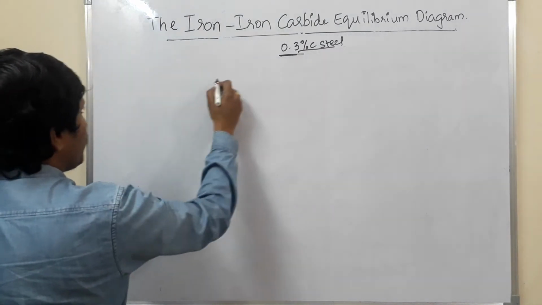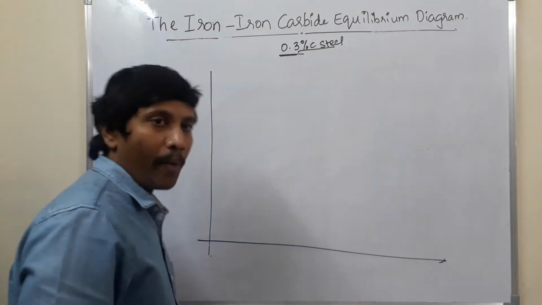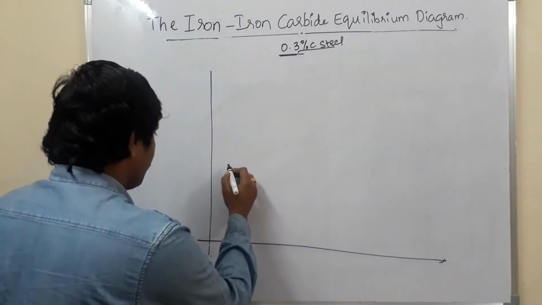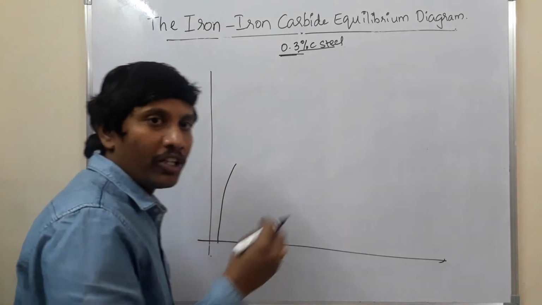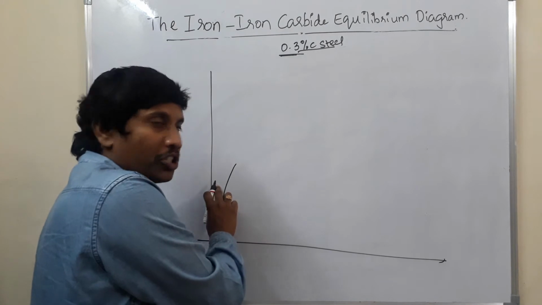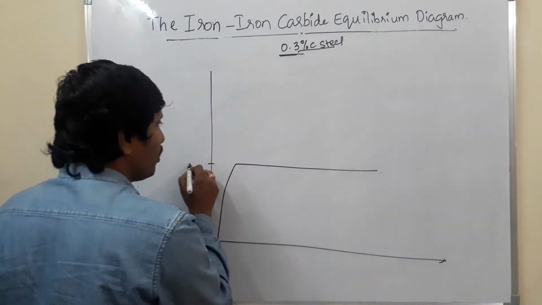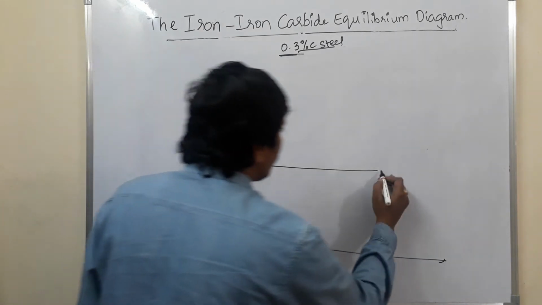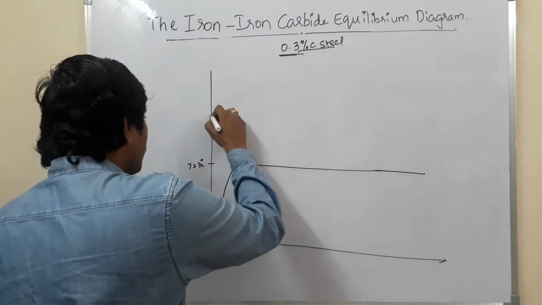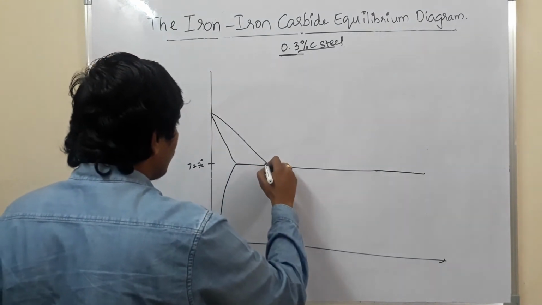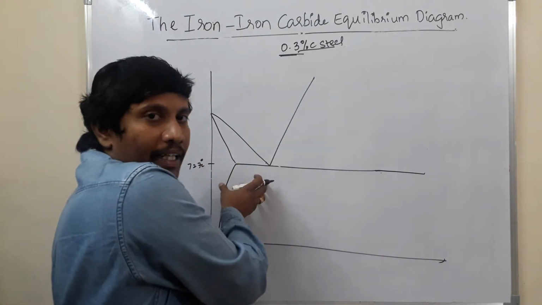I am taking this as temperature and this horizontal axis as composition. This is the alpha region, alpha ferrite or alpha solid solution area. This horizontal line corresponds to a temperature of around 727 degrees centigrade. This is the portion of the iron carbide equilibrium diagram.